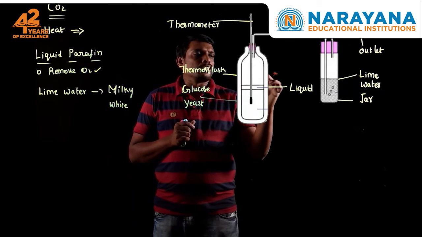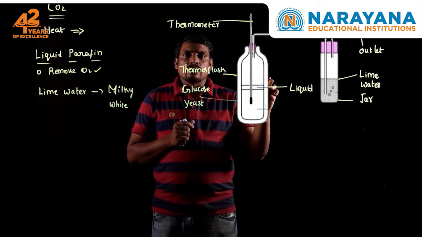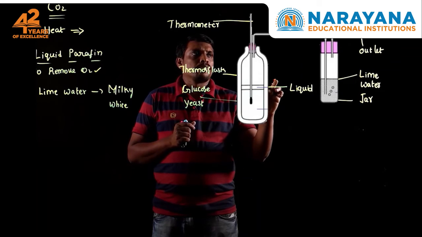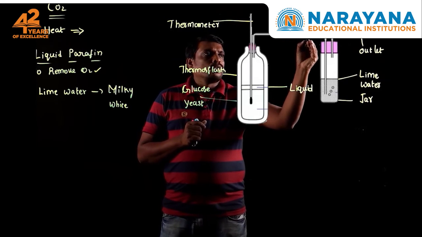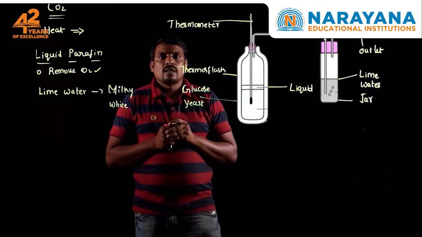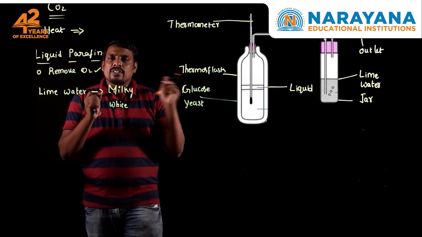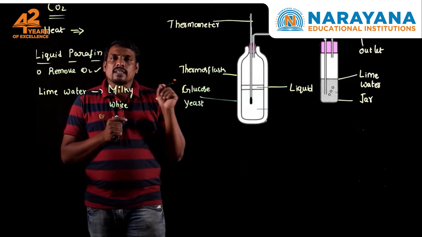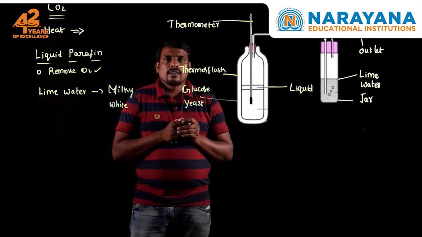Because of respiration in the thermos flask, when yeast cells undergo respiration, CO2 is produced. The produced CO2 through the collecting tube enters the jar and reacts with the lime water. When carbon dioxide reacts with the lime water, it converts it into a milky white precipitate.